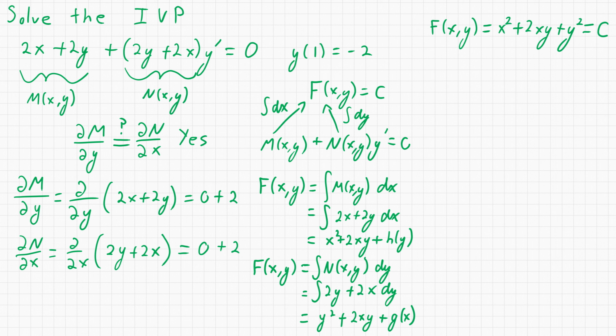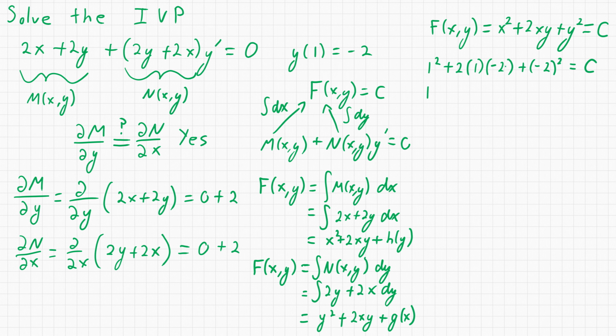And so now if I want to solve for the initial condition, y of 1 equals -2, I'm going to plug that in. Now I've got 1 squared plus 2 times 1 times -2 plus -2 squared equals c.